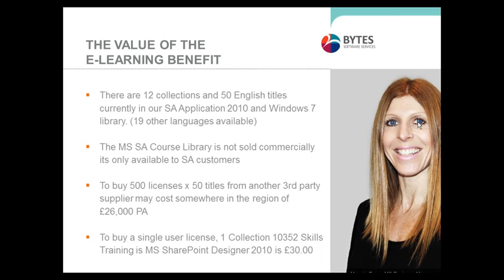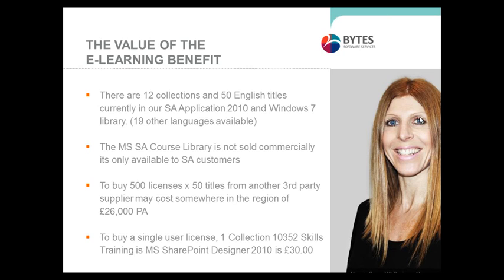If you're looking for Office 13 and Windows 8, Microsoft are currently developing that content, and that won't be available until maybe Q3, Q4 of this year. There are also 19 other languages available. This content is only available for Microsoft Software Assurance members, and it's not available to purchase.